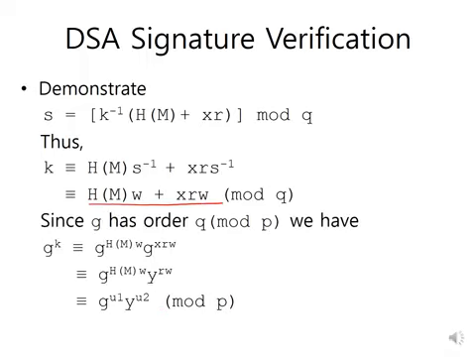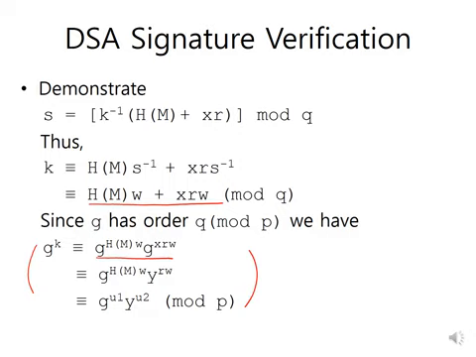Because G has the order Q mod P, given the mod P, we have the following: G to the K and G to the H of M W times G to the X R W are congruent mod P.